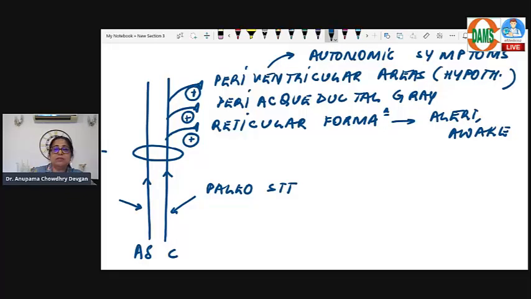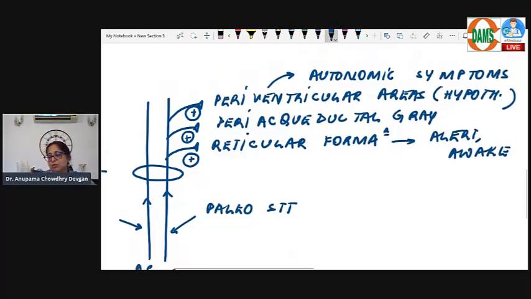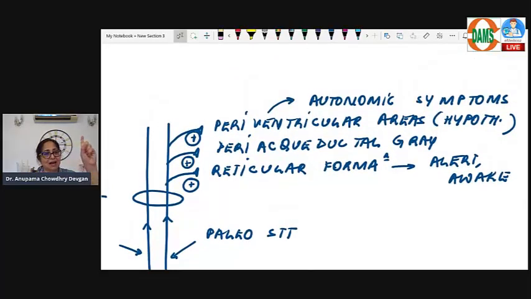I've already told you that the autonomic symptoms associated with pain, tachycardia, increase in blood pressure, vomiting, are because the pain fibers will excite these periventricular areas, which are involved in autonomic symptoms.